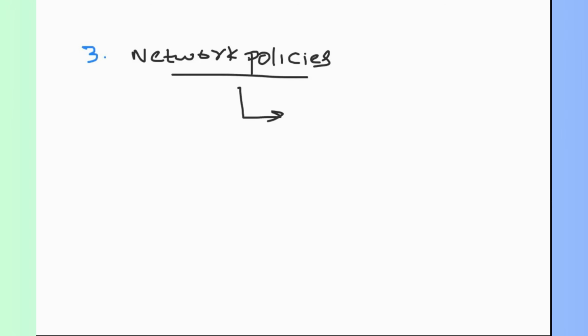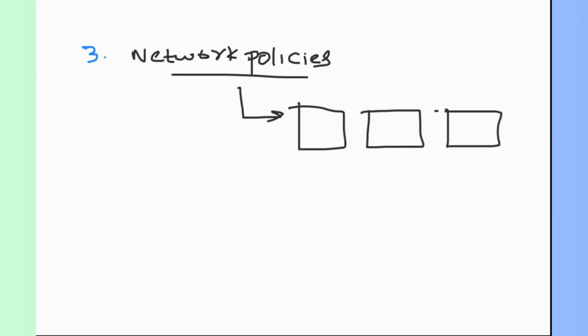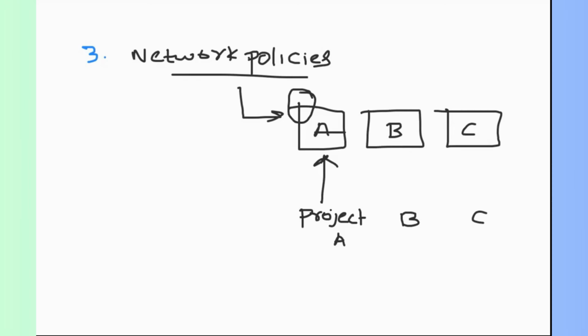Let's say in Kubernetes you have multiple namespaces. In the last class I explained what namespaces are in Kubernetes. So let's say this is namespace A, this is namespace B, and this is namespace C. This is used by project A, and similarly this is used by project B, and this is used by project C. Each project or each namespace might have a different traffic flow.